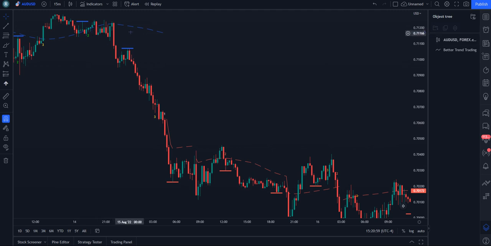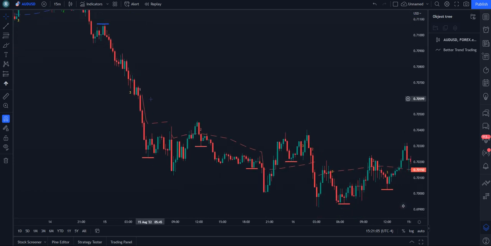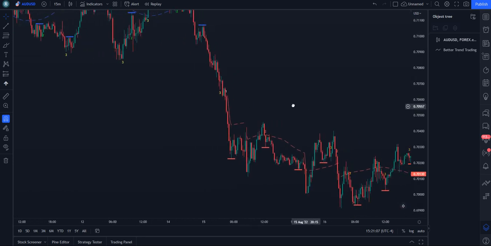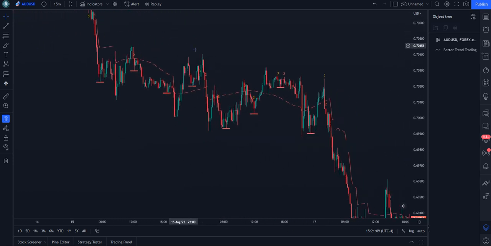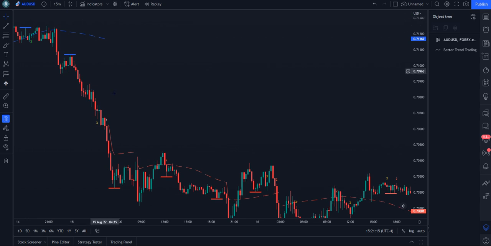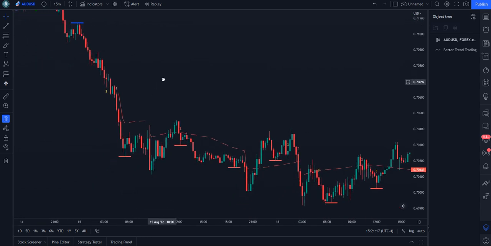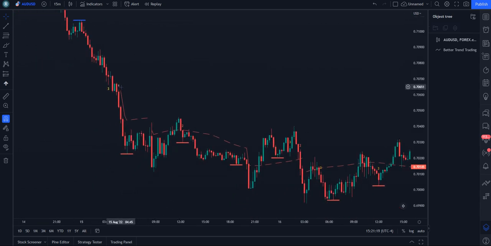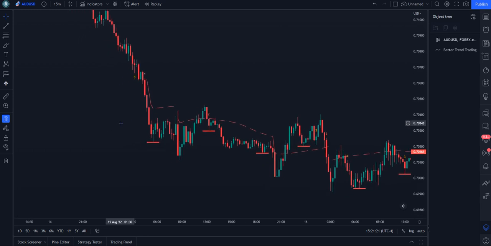So as we come from this uptrend, obviously we see price still moving down, but here it is now identified we are now in a bearish trend. And obviously we can see as it's continued down strongly on the 15-minute here. So 1 is signifying the start of a new trend.